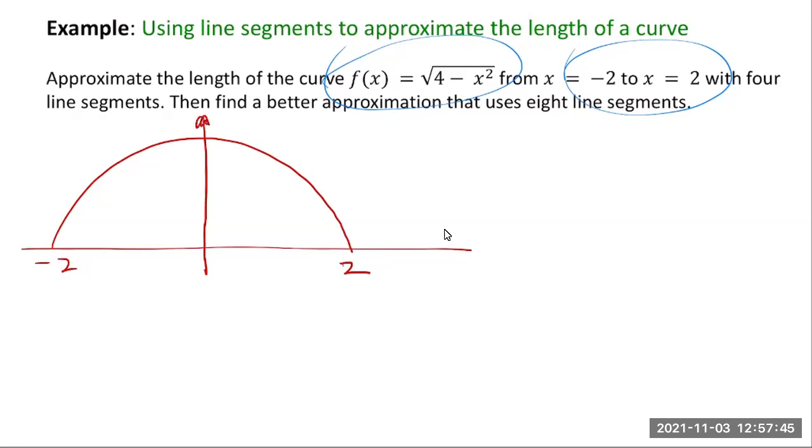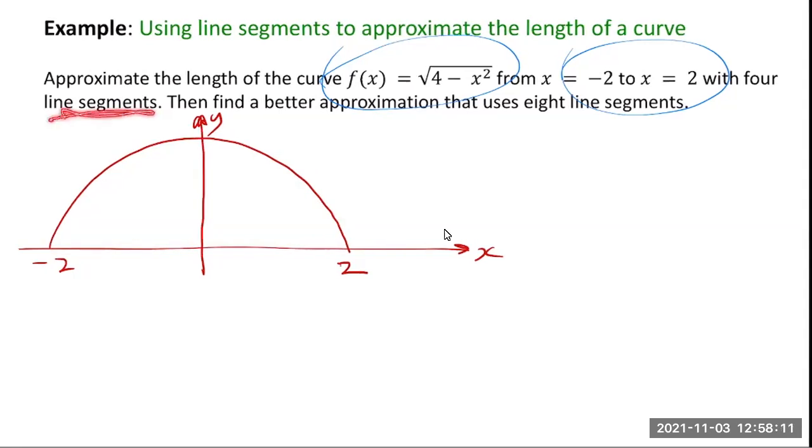So what does the question ask? We are asked to approximate the length of this arc using 4 line segments. I'm going to divide this interval -2 to 2 into 4 subintervals because I am asked to approximate using 4 line segments.